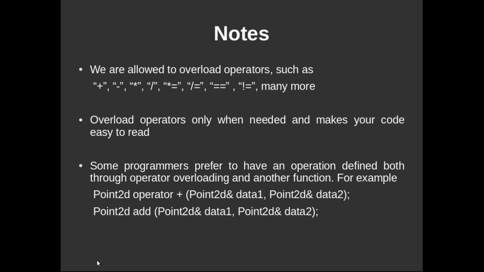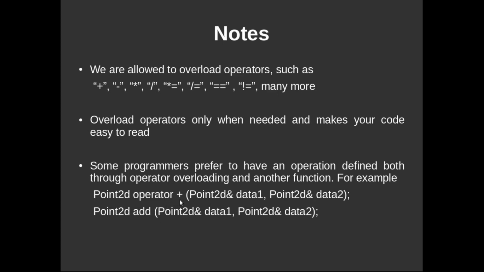On the other hand, some programmers prefer to define the same functionality using operator overloading and using a separate function. For example, if you want to add two 2D type variables, you can definitely use operator overloading with the plus sign.